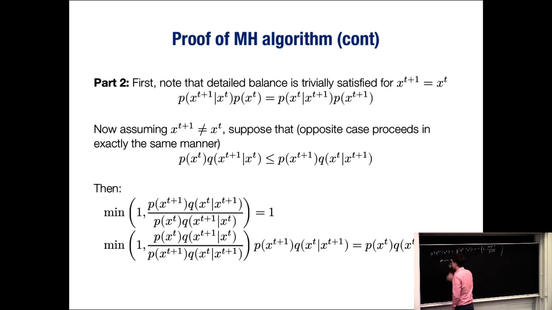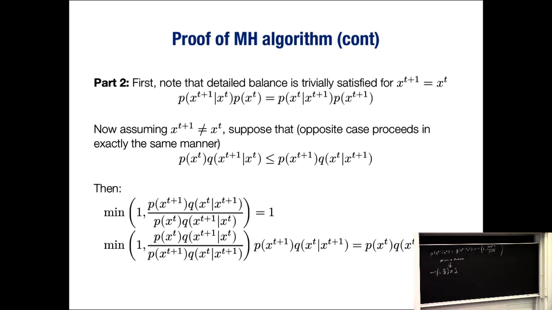In this case, we have trivially that two things hold. First of all, the min of 1 and the numerator over the denominator equals 1, because our numerator is bigger than the denominator, so the minimum of 1 and something bigger than 1 is 1.